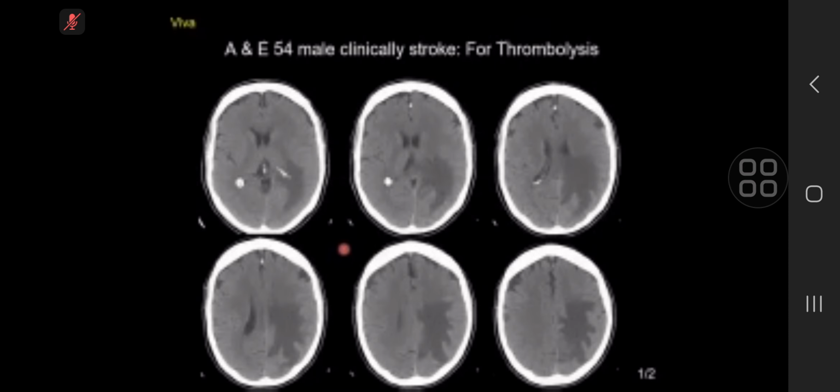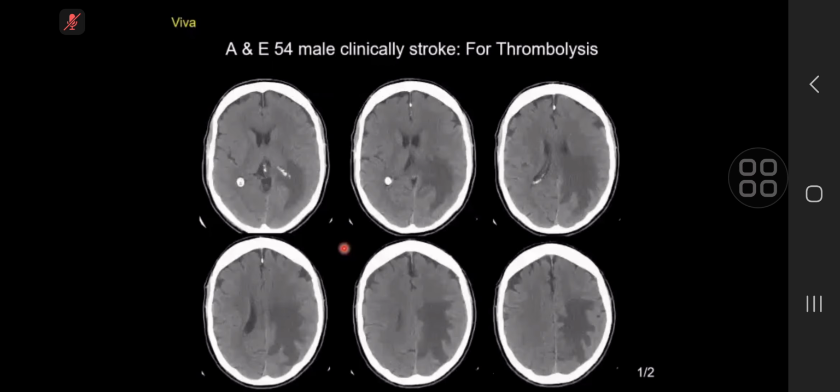So I'm looking specifically for any acute hemorrhage. I can see there is territorial infarction on the left side, and there's some high density within the ventricle, but that is calcification of the choroid plexus. I do not see any sign of hemorrhage here. So they want to thrombolyze.